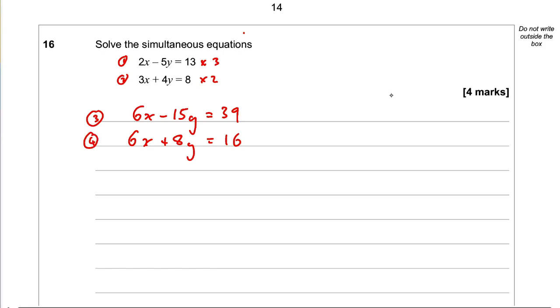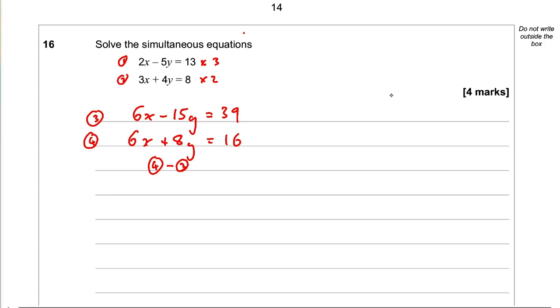Now, to get rid of my x coefficients, I'm going to subtract one from the other. I'm going to do it this way around, 4 minus 3. The reason for that is I've got a minus coefficient here, so if I subtract a negative coefficient, it is equivalent to adding that coefficient.